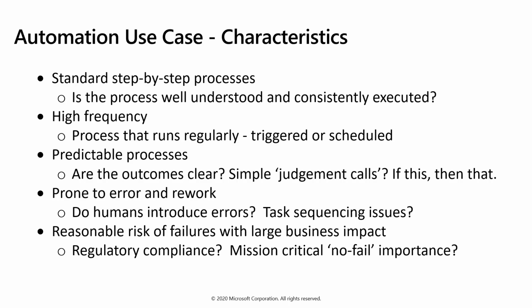Also in the error area, if an error happens, is the risk of the consequences of that error disproportionate to that error? Like a large business impact. So there might be compliance issues or mission critical, like no fail importance here. A good example is lab results for a wastewater company.